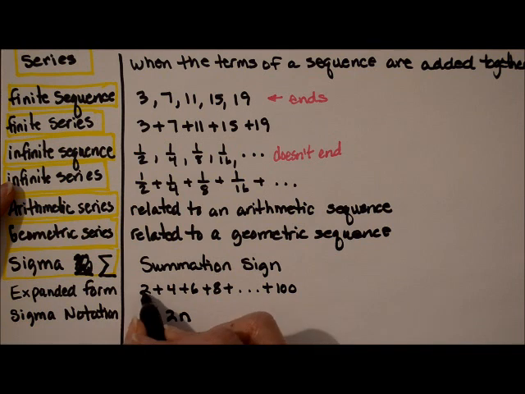This n goes from 1, right? If I put 1 in there, I'm going to get 2. And then 2n equals 100, so that's going to give me 50. So n goes from 1 to 50, and I'm going to use the formula 2n. This is sigma notation. Okay, and that's a 50 there.